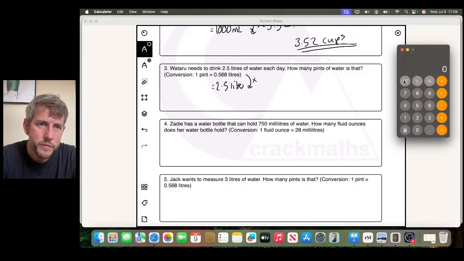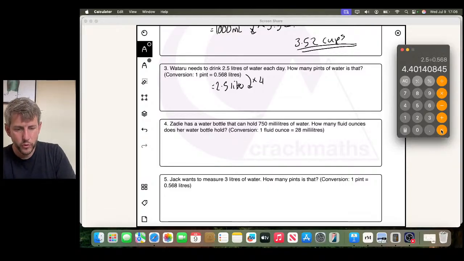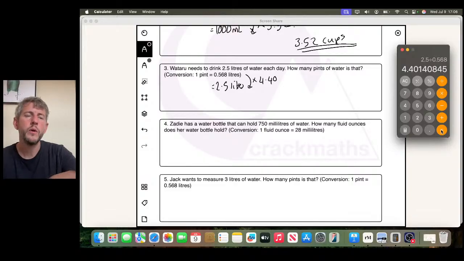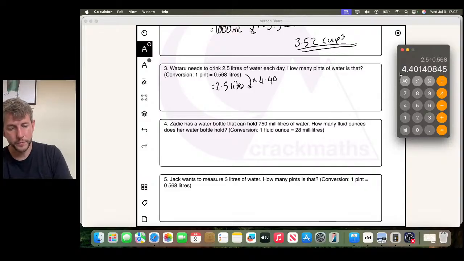We'll need to do 2.5 divided by 0.568. Okay, and there we go. That's going to be times 4.40. I'll include the 0 so that we know we're rounding to 2 decimal places. So it will be 4.40 pints.